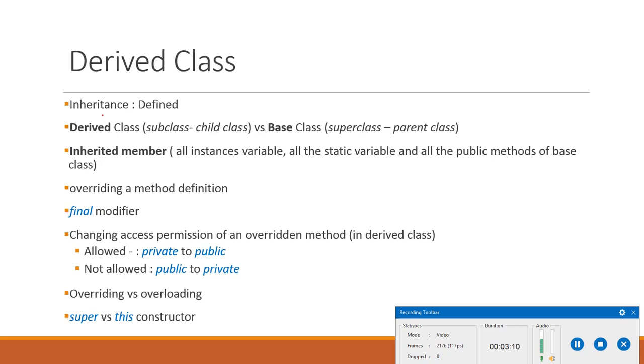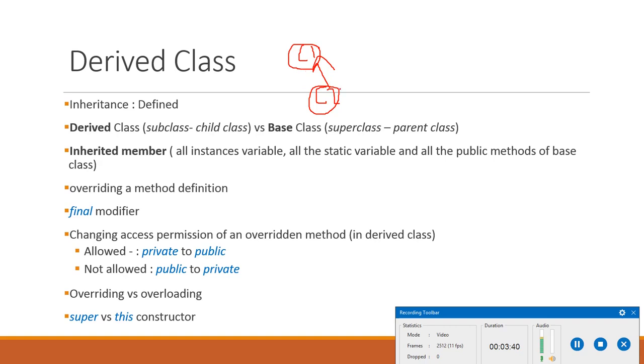In Java, we have a class C1. This class has its own variables and its own methods. We can create a class C2 which is derived from this class. Class C2 can have its own variables and methods, but it will also have the variables and methods inherited from class C1.